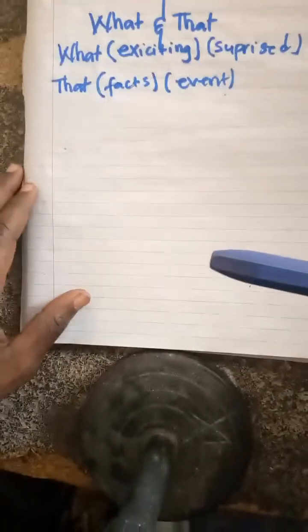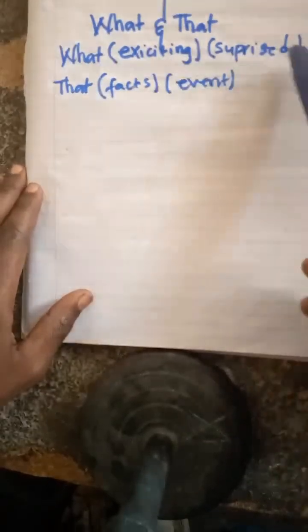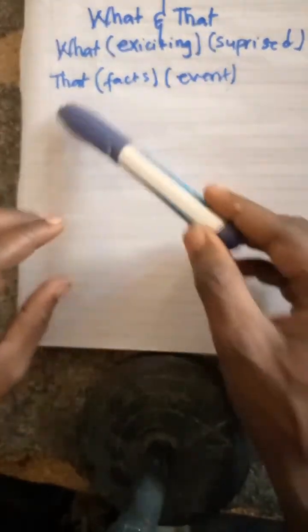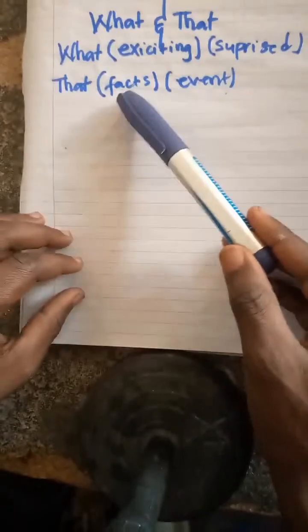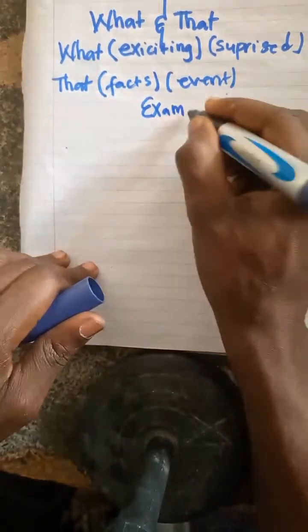Now, since we have known that what involves something which is exciting and also something which is surprising, and that involves facts or some events, let us look at an example so that you understand it very well.